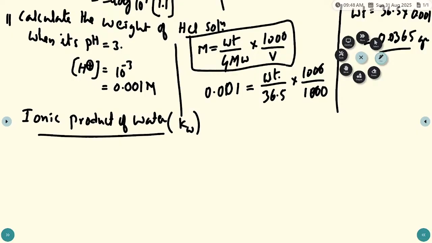The pure water dissociates partially and gives a less number of ions.